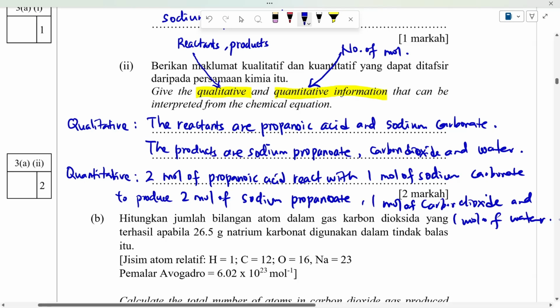So this is how we define the quantitative information.